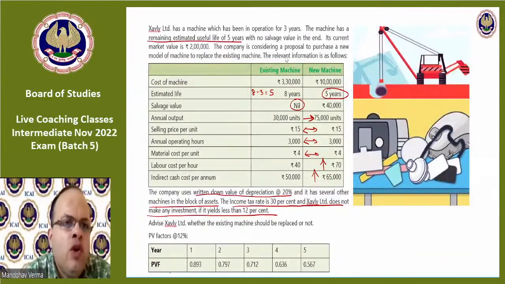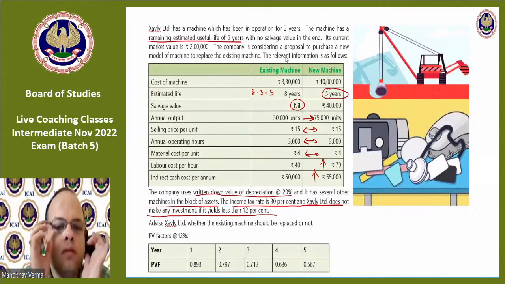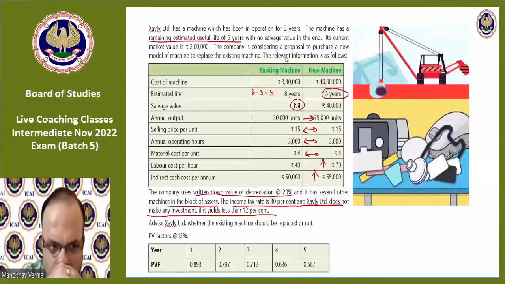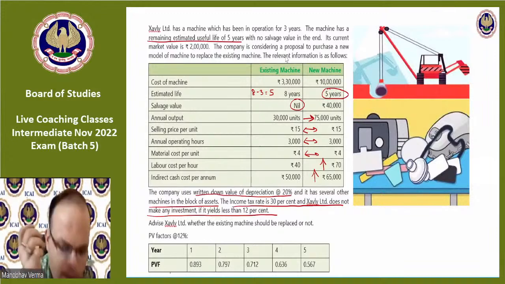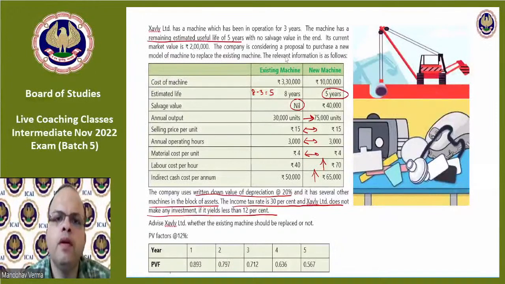Net cash outflow, guys, initially in this particular scenario. Please tell me, guys. So Hanshu says 7 lakhs. Okay, interesting. What about others?